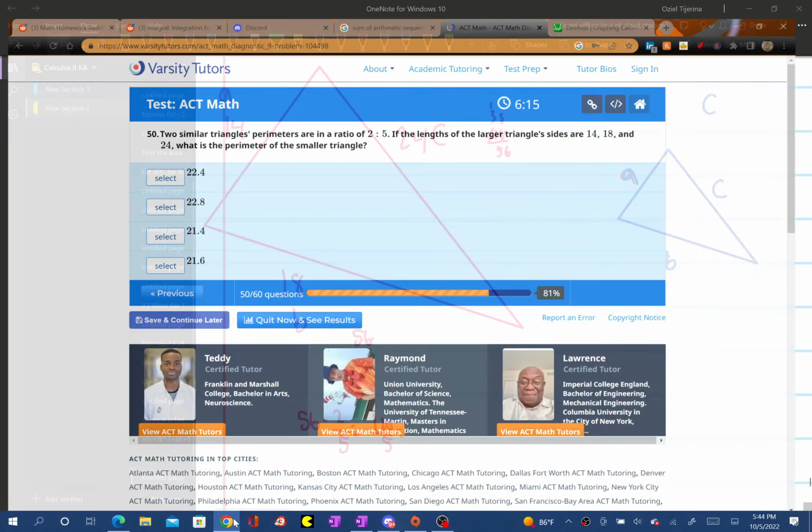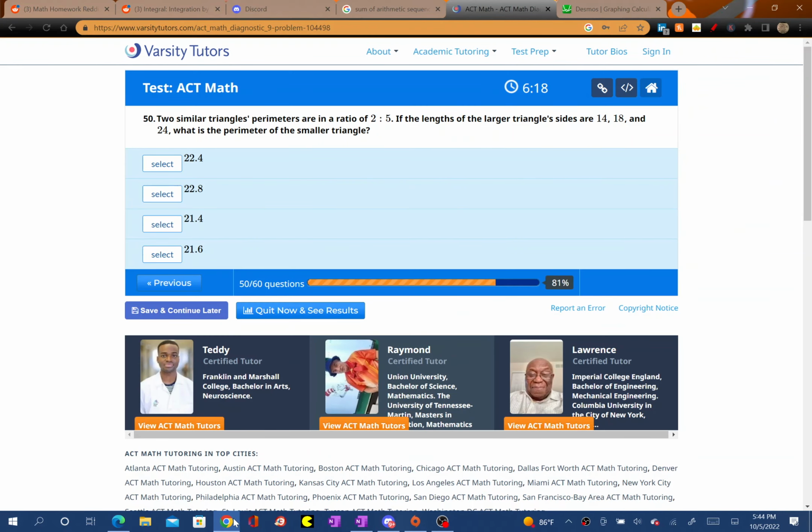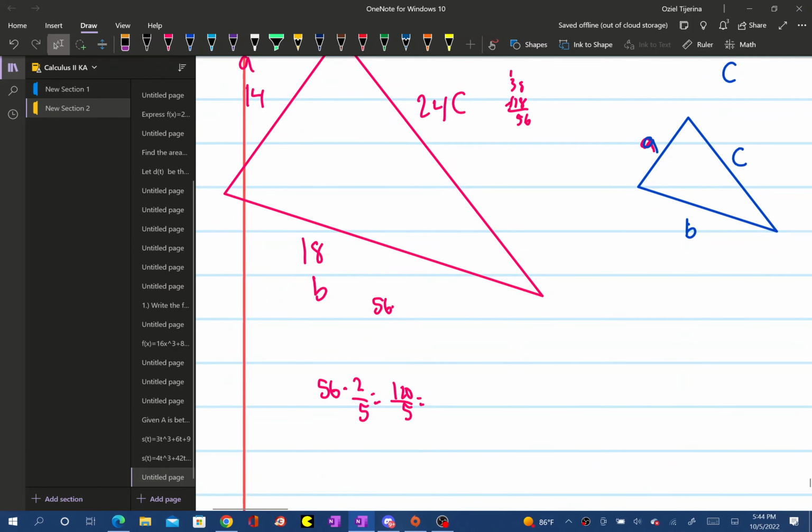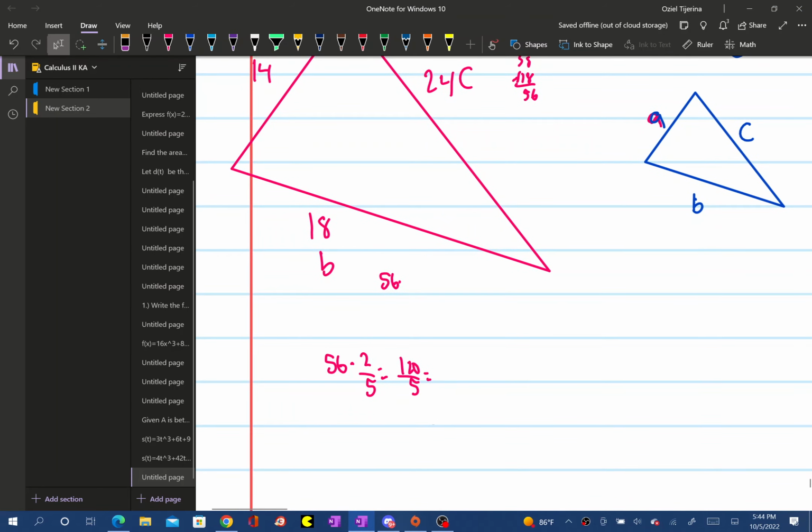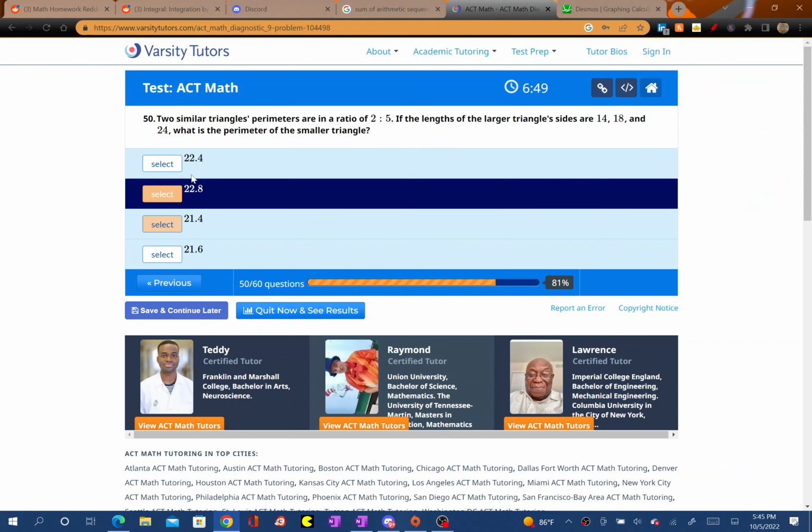Because it says, what is the perimeter of the smaller? So 56 times 2 over 5. Oh, wait a minute. It's 112 over 5, my bad. Okay, so if I do 112 over 5, that's about 22.4. So I think it's the first one.